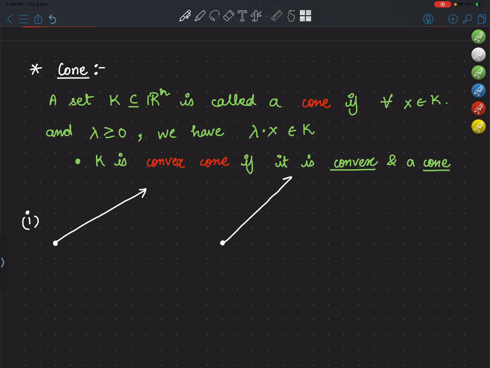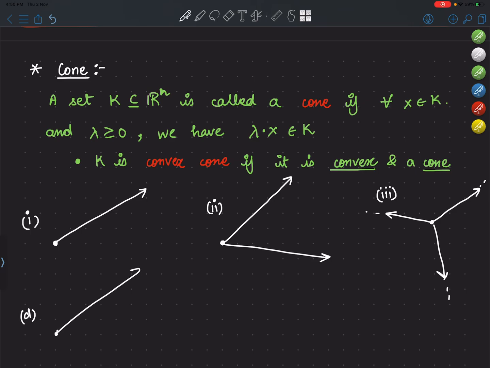Two rays like this and nothing in between, no points in between, is also a cone. Similarly, as you may have thought by now, any three rays are also a cone. Then we have something which looks like a cone, these two and all the area between.